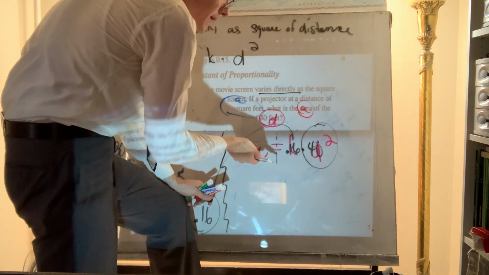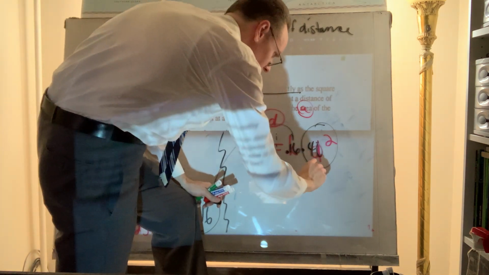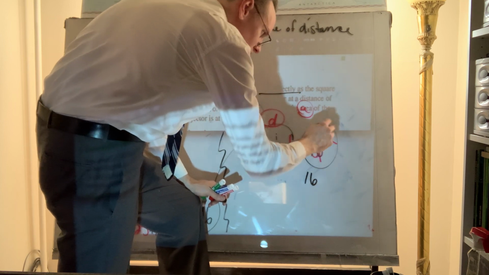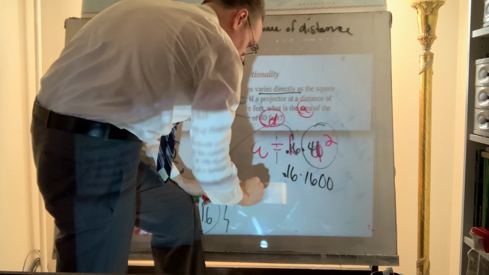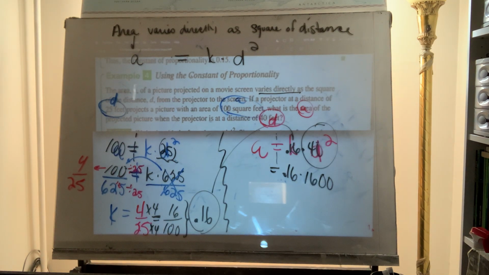So 40 squared is 1600. 40 times 4, 4 times 4 is 16. With a 0 and a 0 would be 1600, right? So 0.16 times that, right? 16 times 16 is what?